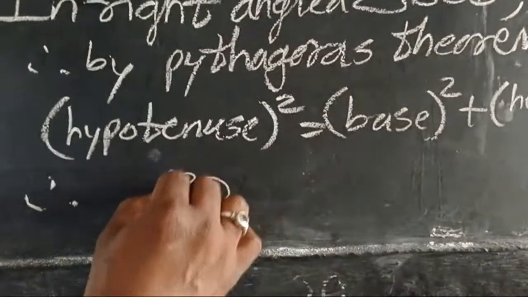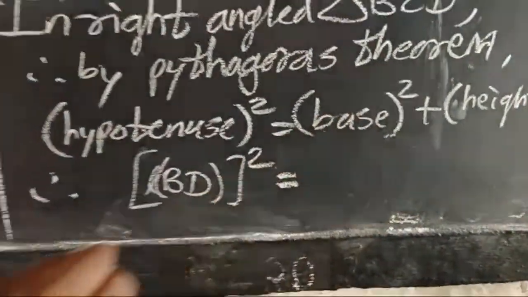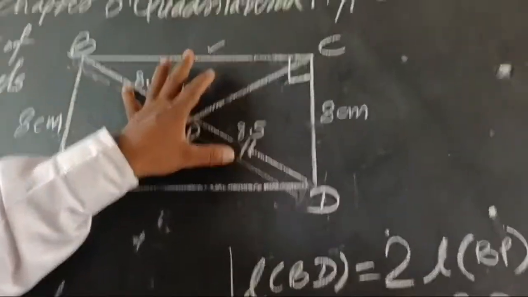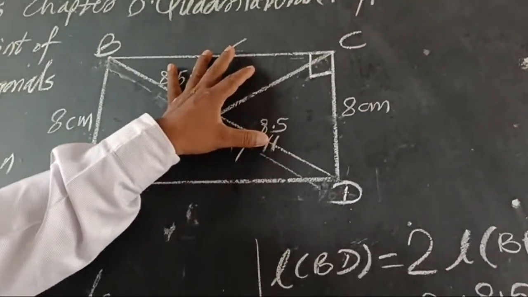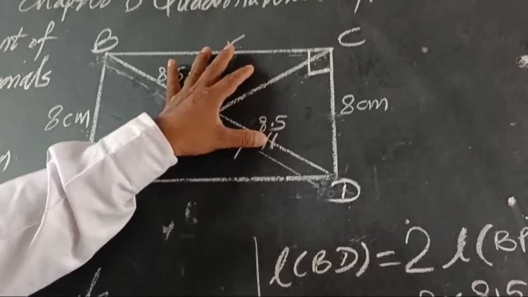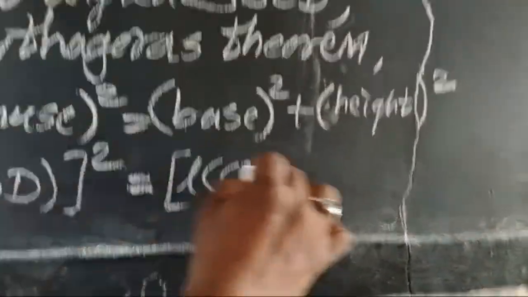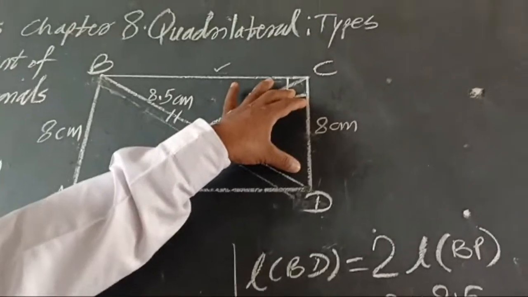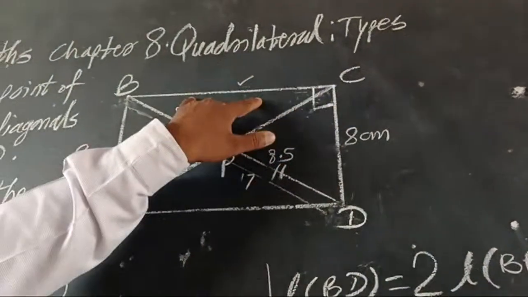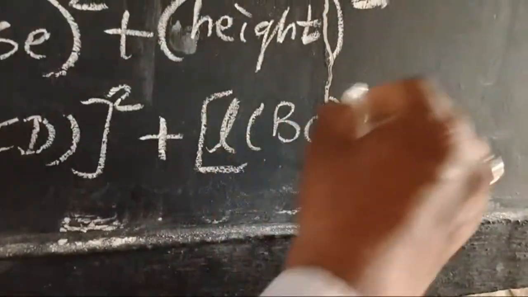Length BD, its square is equal to base square plus height square. Take the base of this triangle. Yes, CD is the base, its square plus the height. Side BC is the height, length BC is the height, and its square.